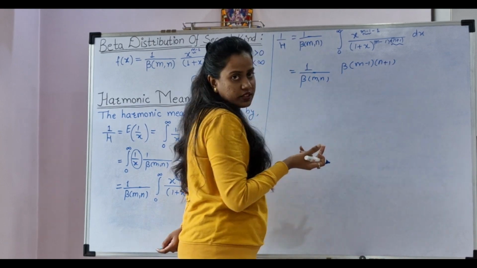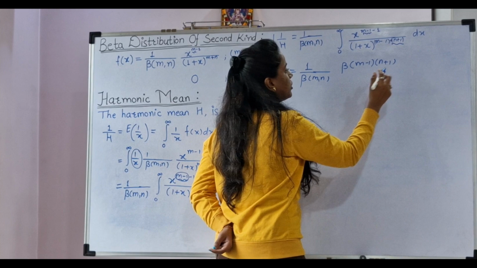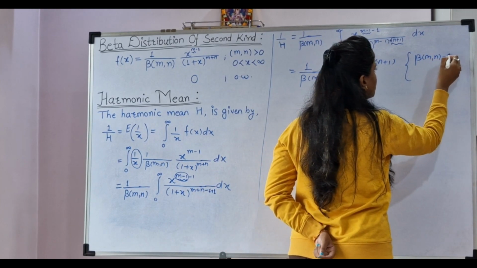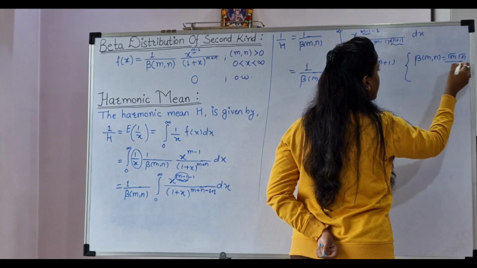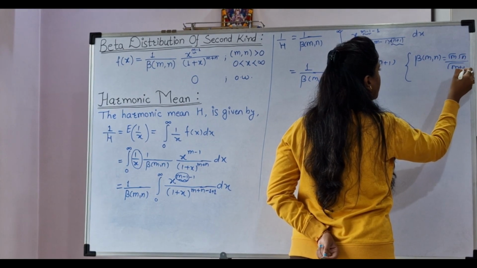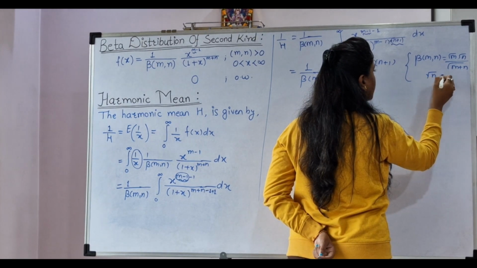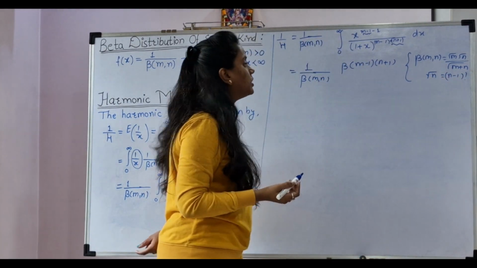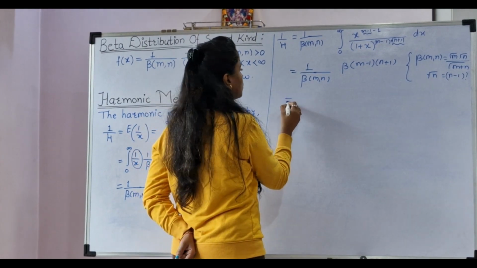Now we can solve this term further. How to do that? We know that beta(m,n) equals gamma m into gamma n upon gamma(m plus n), and gamma n is nothing but n minus 1 factorial, right? So let's use these two results to solve it further.